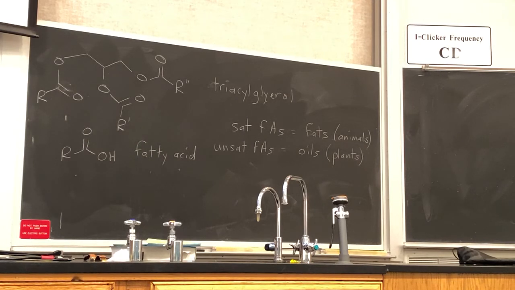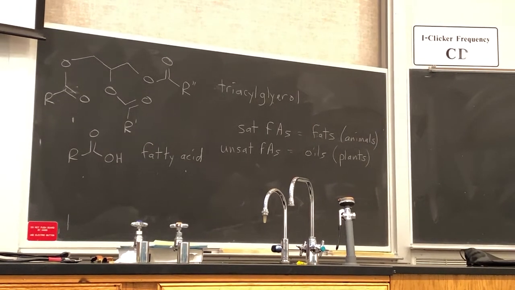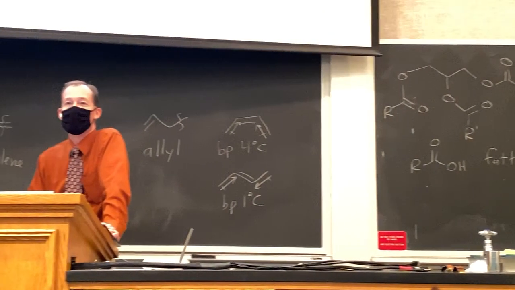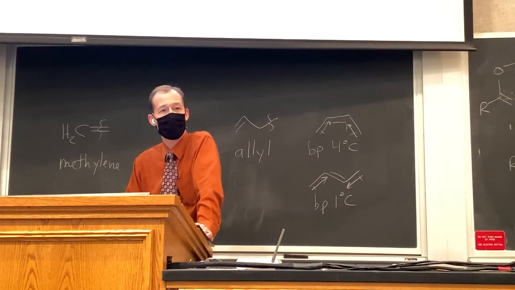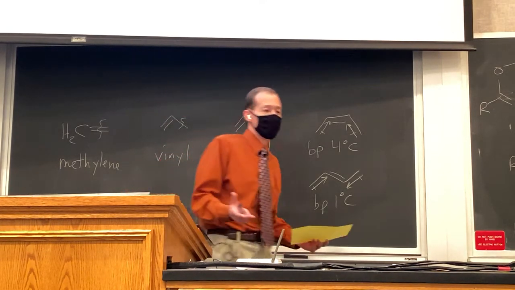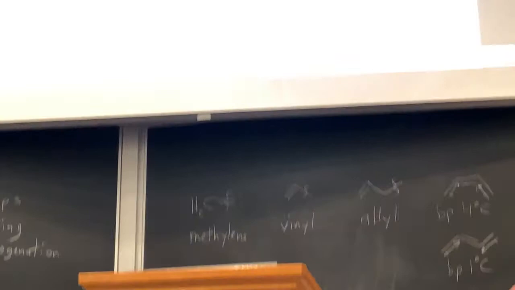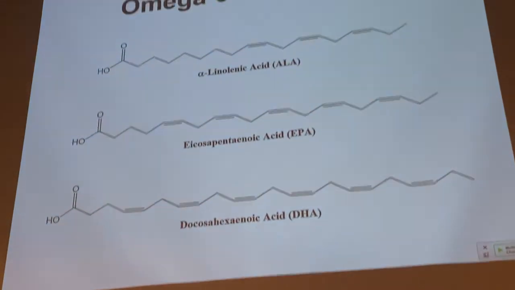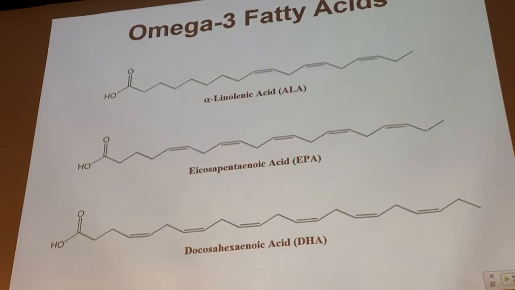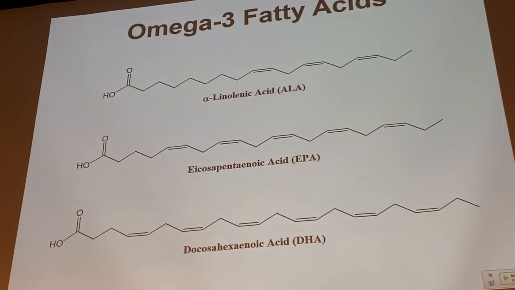So there's a special type of fatty acids called omega-3 fatty acids. How many of you have heard of omega-3 fatty acids? Hopefully most of you. Good. Okay. Here are some omega-3 fatty acids. They're unsaturated, so they're oils. The name comes from the fact that omega is the last letter of the Greek alphabet.